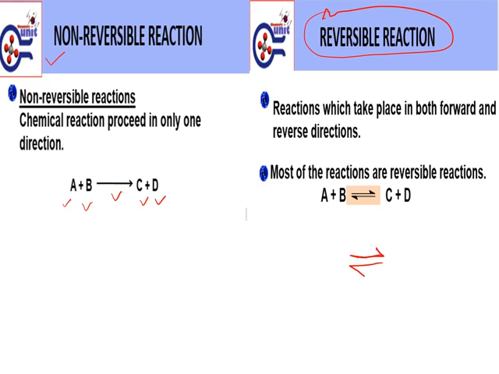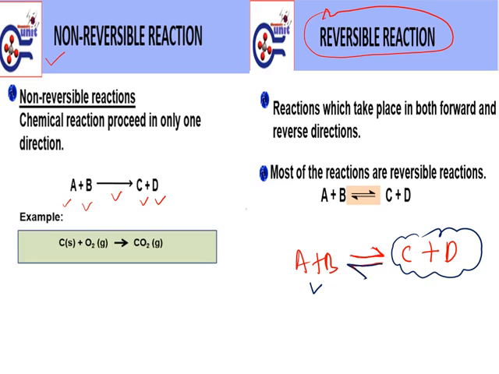Anak panah pergi ni for A plus B produce C plus D, while the reverse arrow refers to the reverse reaction, which is C reacting with D to produce A plus B.